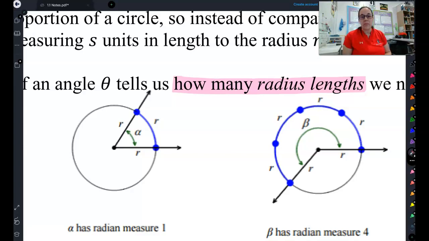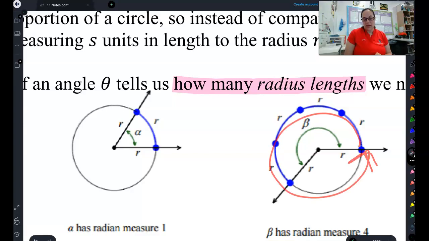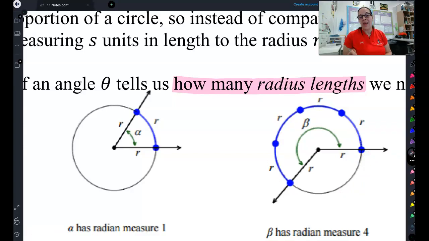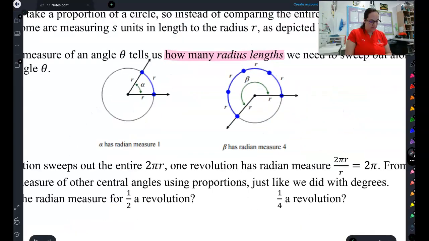If the radius is very small or very big, it will still have the same number of radius lengths around the circle. So that's where we get this 2 pi: if we kept doing this, we would end up getting about 6.28 radius lengths around the full circle. 1, 2, 3, 4, 5, 6, and a little bit left over. That's where 2 pi radians in the full circle comes from.